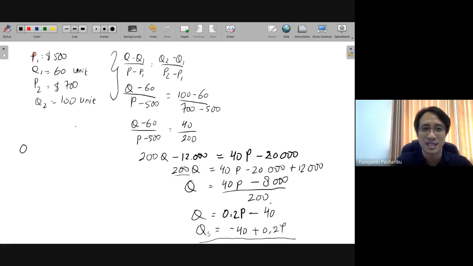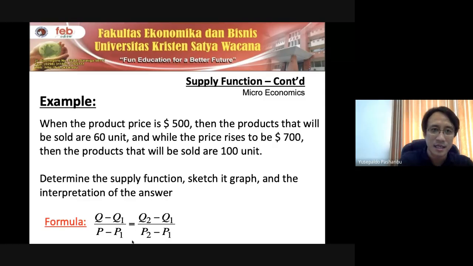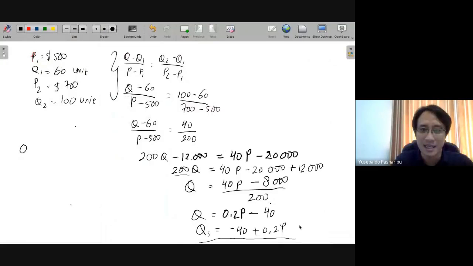That's the answer. So if we want to interpret the result, this is the intercept. The intercept is the constant, the number without a variable, and the gradient is the number followed by the independent variable, price.